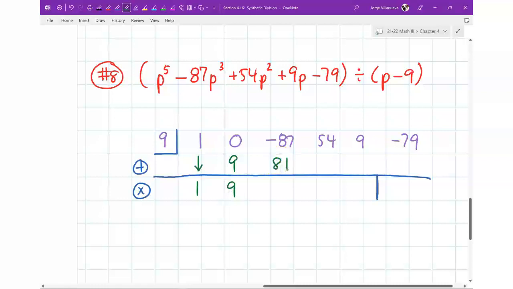Negative 87 plus 81, negative 6. 9 times negative 6, negative 54. 54 plus negative 54, 0. 9 times 0, 0. 9 plus 0 is 9. Okay? 9 times 9, 81. Negative 79 plus 81 is 2.